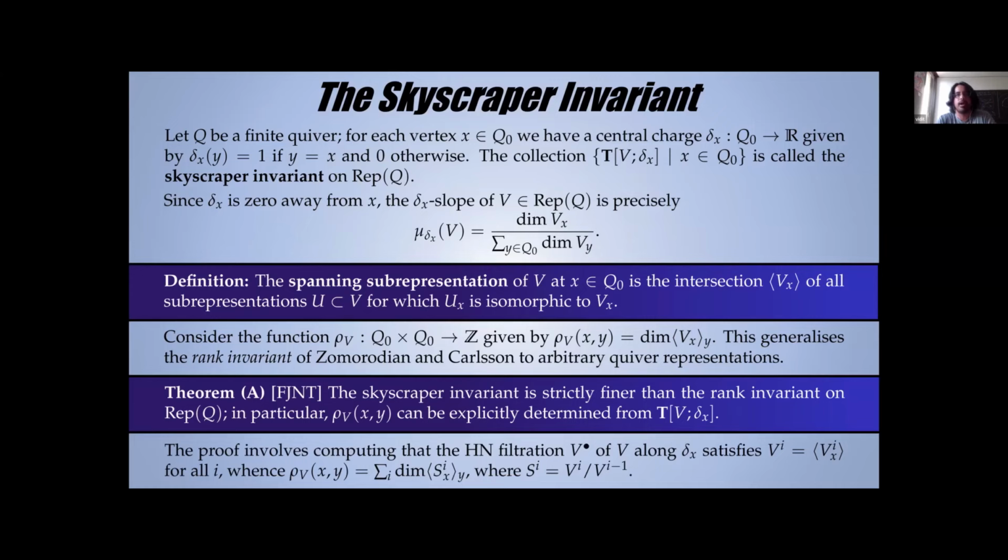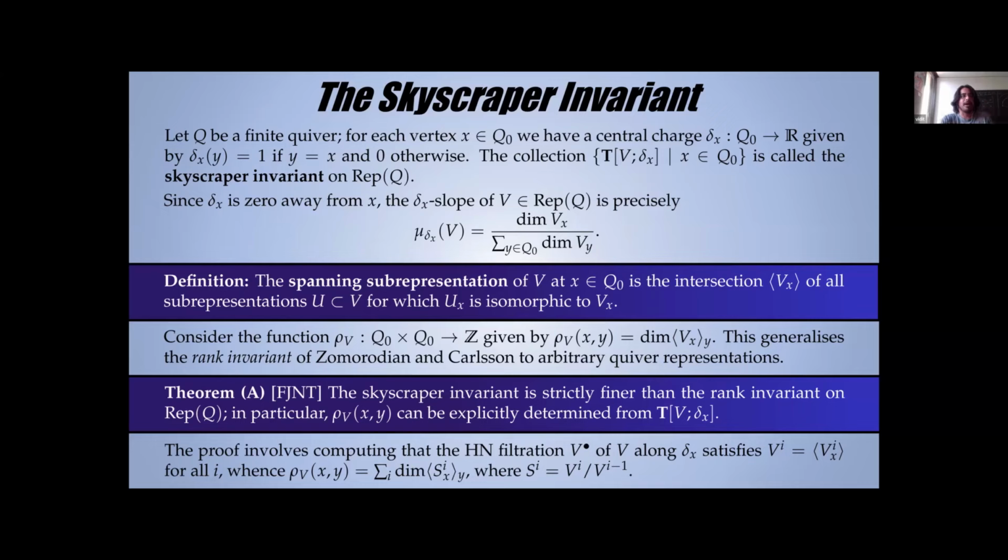And what does the proof amount to? It amounts to proving, and this is not easy, that the Harder-Narasimhan filtration along delta X satisfies the property that the ith step is the same whether you look at the whole representation or the spanning representation.